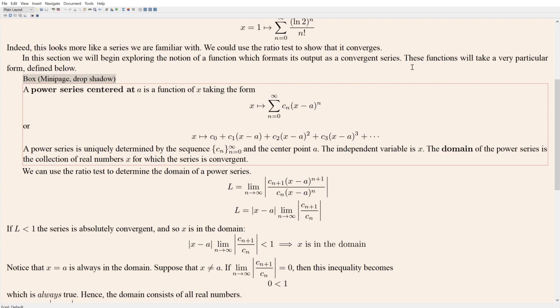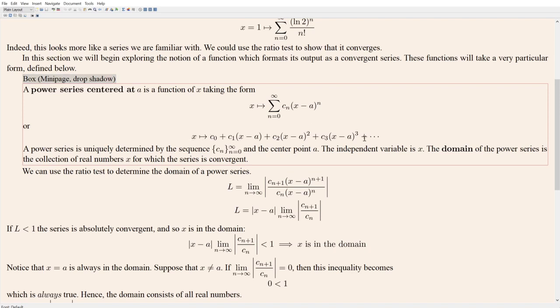What we are going to do is look at functions, so-called series-valued functions, that have a very, very particular form. So, a power series centered at a is a function of x which takes the following form. So x is the input, and this series is the output. Okay? So it's a function that gives you series.